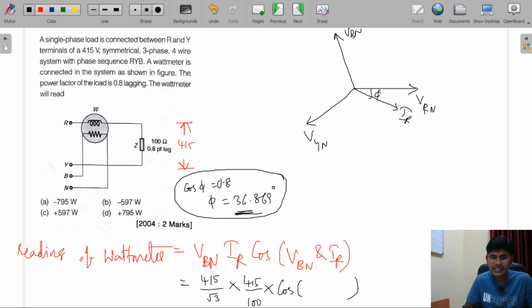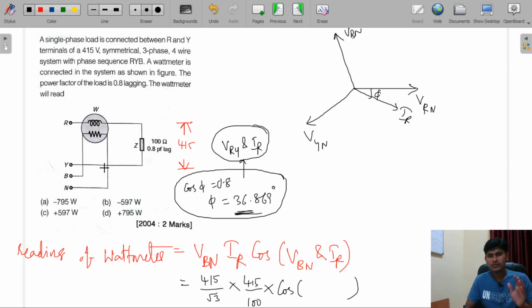This angle is between VRY and IR, because this load is connected between R and Y, and current coil is connected in series with this load.